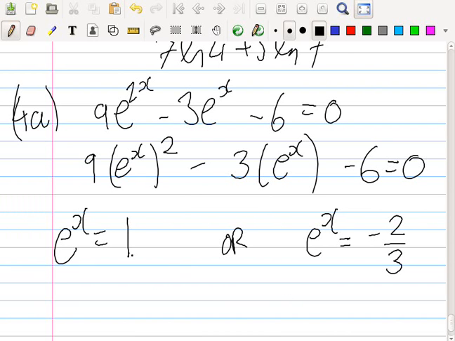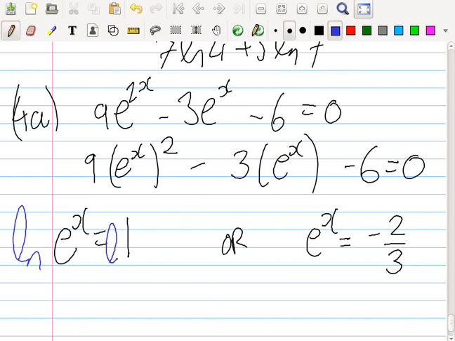We could never get a nice number here like in the previous lesson. We could never get something like e squared or e cubed. So it means we'll never be able to compare the powers, which basically means the only way to go forward from here, which makes it different to the last lesson, is to do what? Is to put a natural log on both sides.